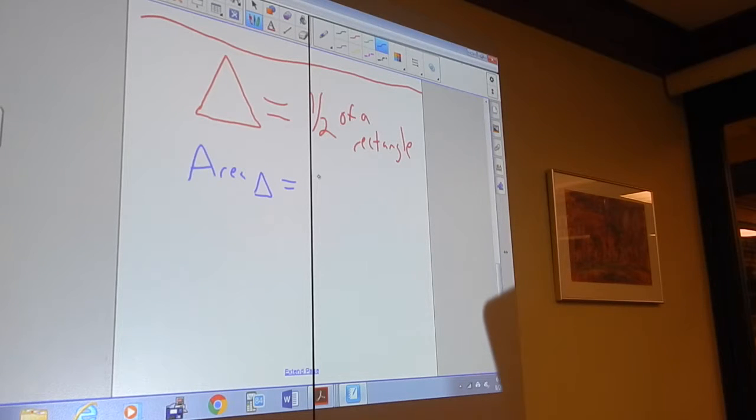It's 1/2 times base times height, or length times width, whatever letter you want to use. A triangle is something that you don't have to memorize. As long as you know that a triangle is half of a rectangle, area of a rectangle is length times width, area of a triangle is half of that.